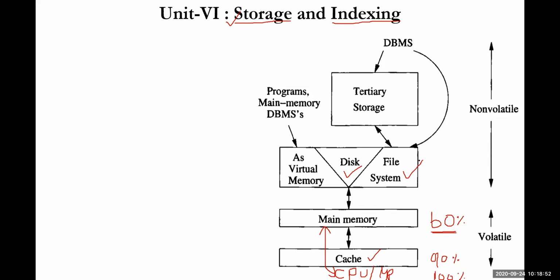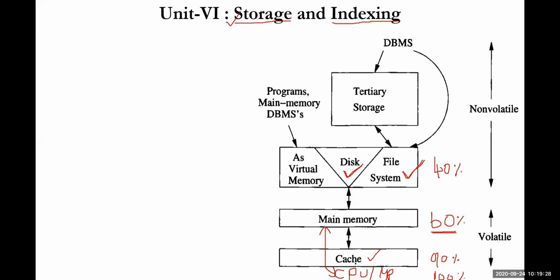Let me explain what virtual memory is after a couple of minutes. At the file system or disk, instructions and data will be stored. The rate of fetching instructions or data from the file system or disk will be 40% only. Main memory can fetch data from the file system or disk at a 40% rate, and it can give input to the microprocessor directly without cache at a 60% rate.